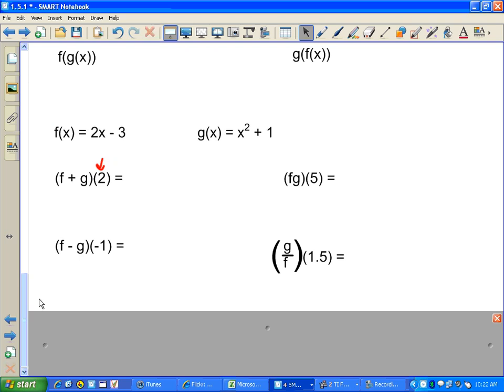Okay, so if you want to, you can put this 2 in right away for both of these. Okay, because f of 2 equals 4 minus 3, which is 1. G of 2 equals 2 squared plus 1 is 5. And then you can just add those together. Okay, so that would mean this would be 6.